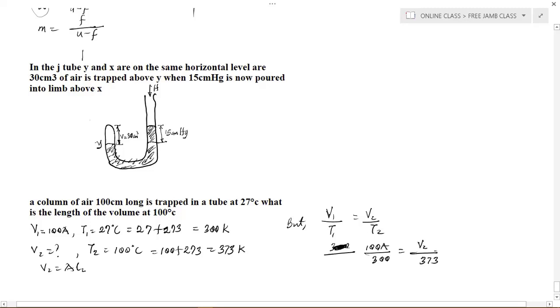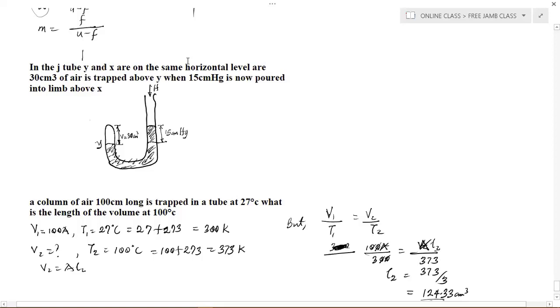This one is A times L2, A cancels A. L2 will give you 373 over 3. 3 in 3, 1. In 7, 2. That gives 4.333 cubic centimeters. So that's on that one.